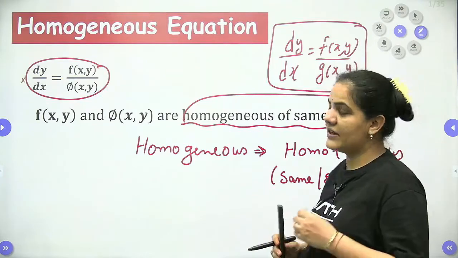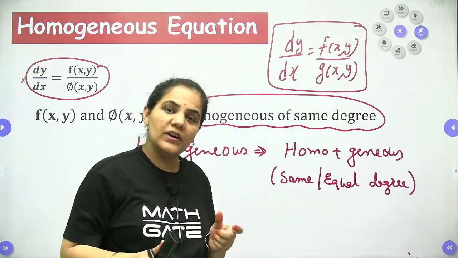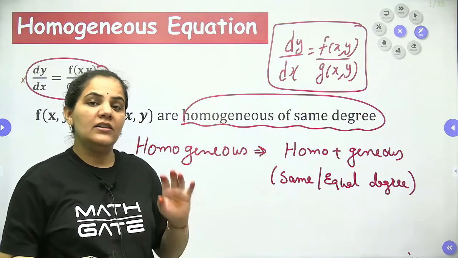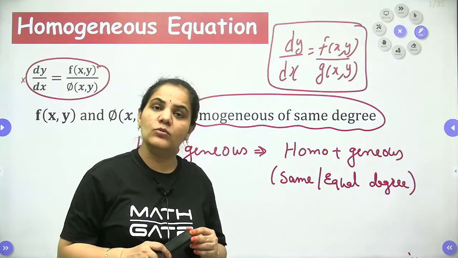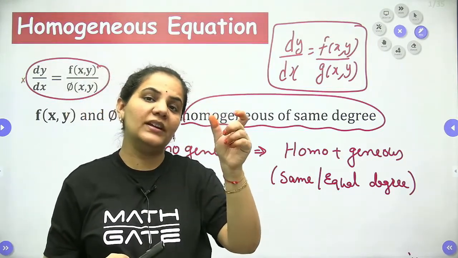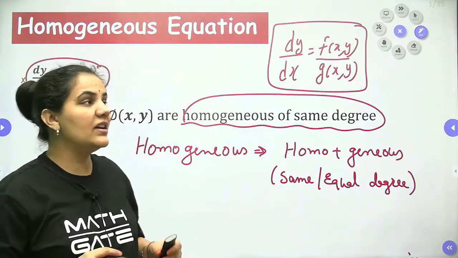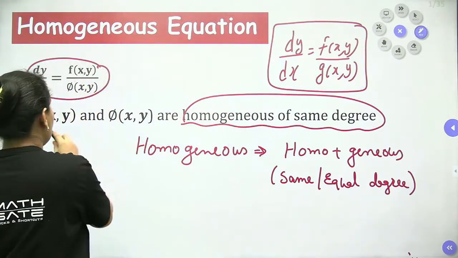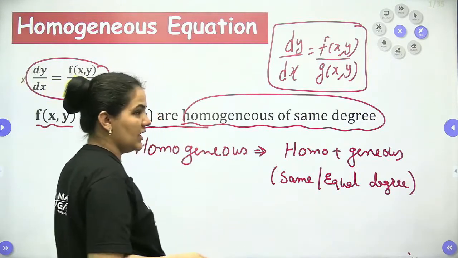There are two functions, in the numerator and the denominator. The complete differential equation dy by dx is said to be homogeneous if the numerator f(x,y) and the denominator g(x,y) are homogeneous functions of the same degree.